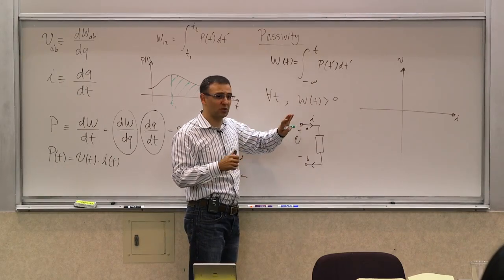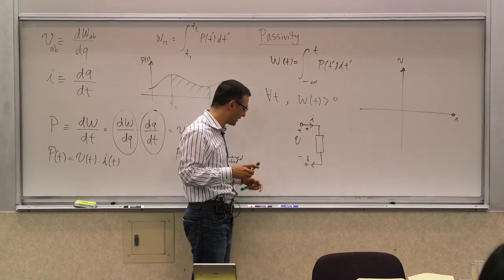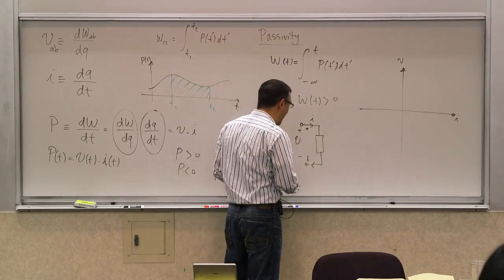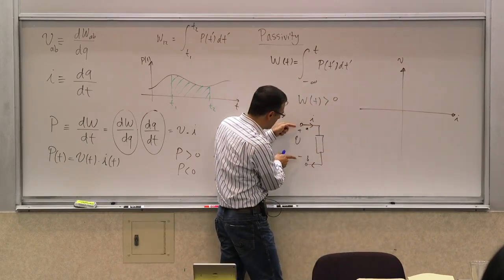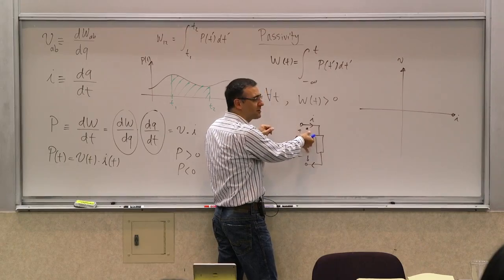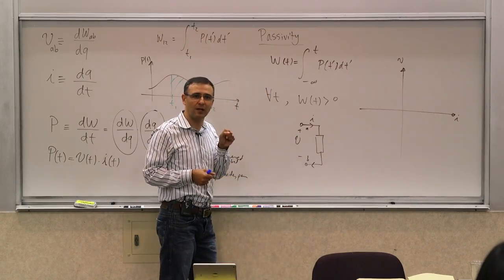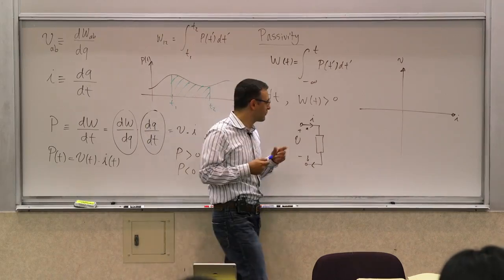It means, and this is a special case, by the way, not as general a case as it can be, that if you have something that's passive, this current and this voltage need to be of the same polarity, because the product has to be positive. If you want P to be positive, the product has to be positive.